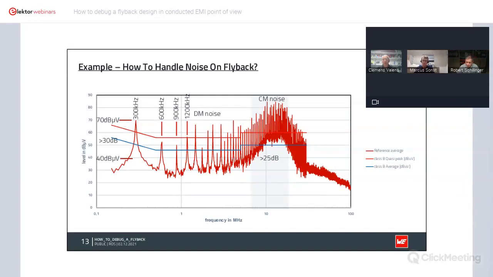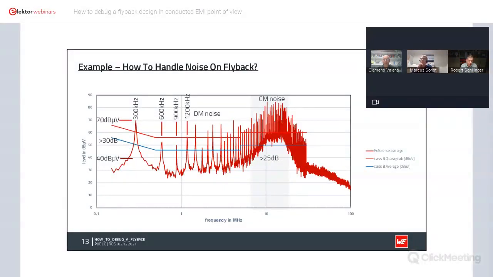Also on Marcus' slides, you could see the same things in the measurement. He shows at the last slides both measurements, differential mode and common mode, and I think you can see it very nicely, where the common mode is and where the differential mode is.